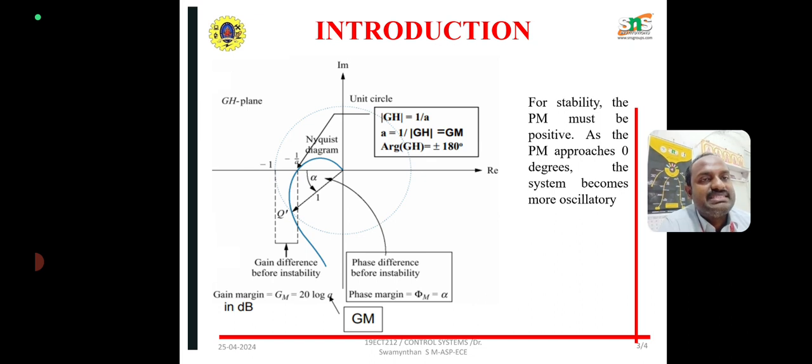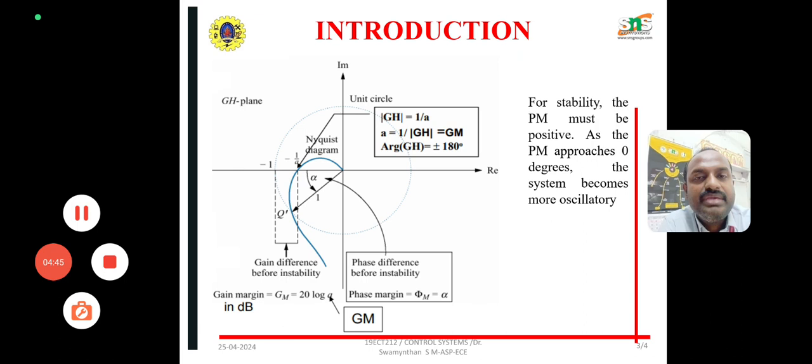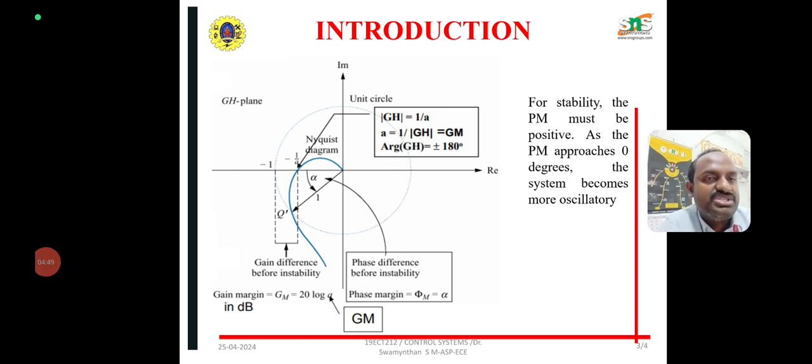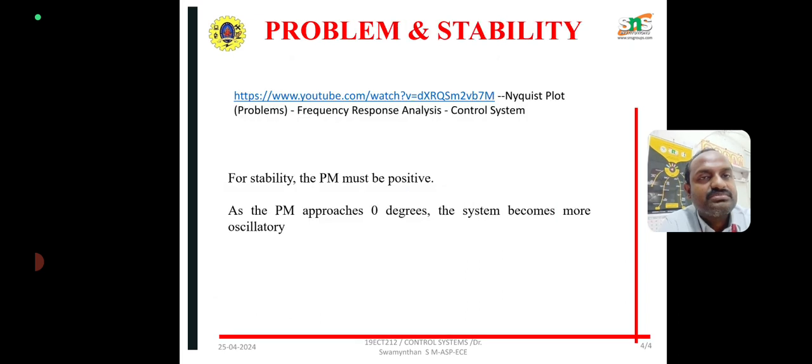For stability, the phase margin must be positive. As the phase margin approaches 0 degrees, the system becomes more oscillatory. So this is the simple introduction about the gain margin in dB and the phase margin. These are the two important concepts we need to know from this diagram.